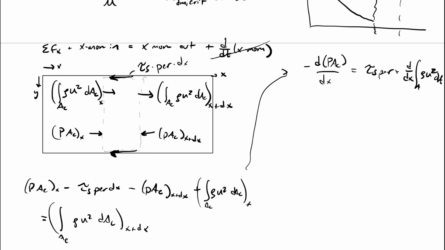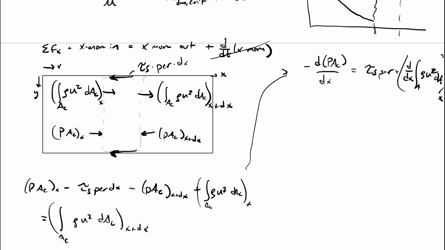Sorry, I ran out of room there, but that's evaluated at x. Sorry, that's a little messy. It's tau s parameter plus the differential of the area integral of the momentum term evaluated at x.